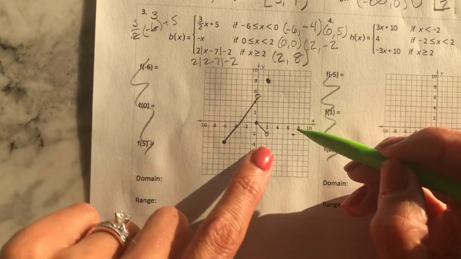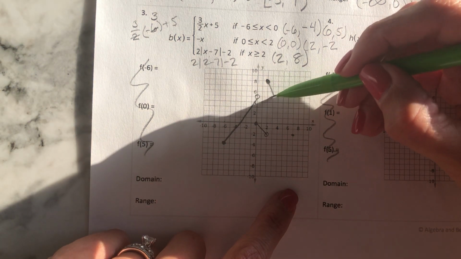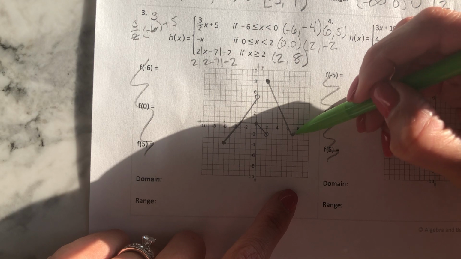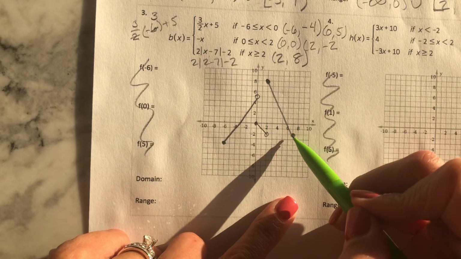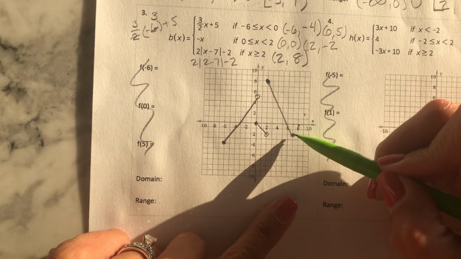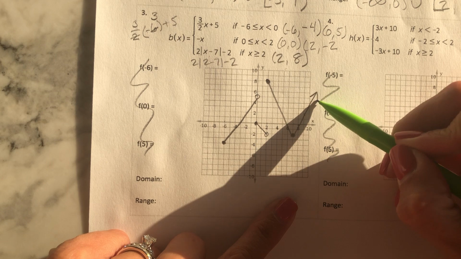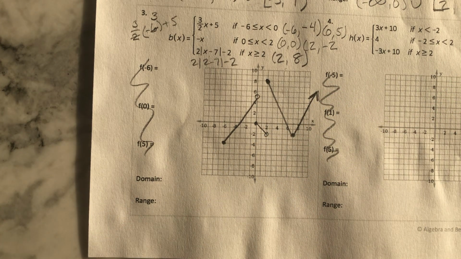So that's the point of the V. And also it's a stretch of 2. 2 over 1, up 2 over 1. And it continues on. Okay.